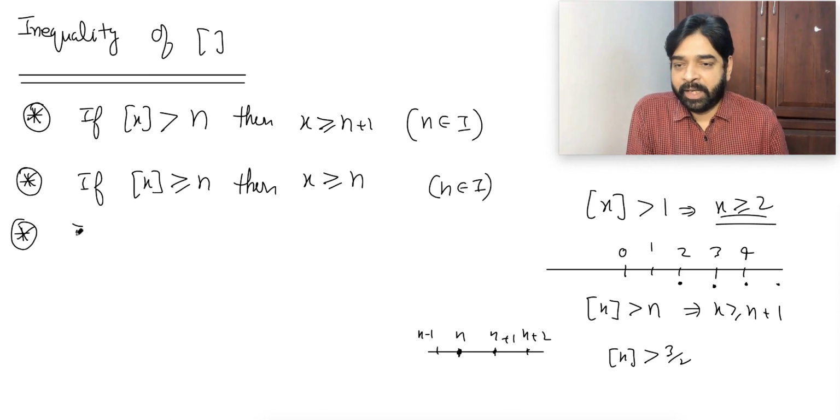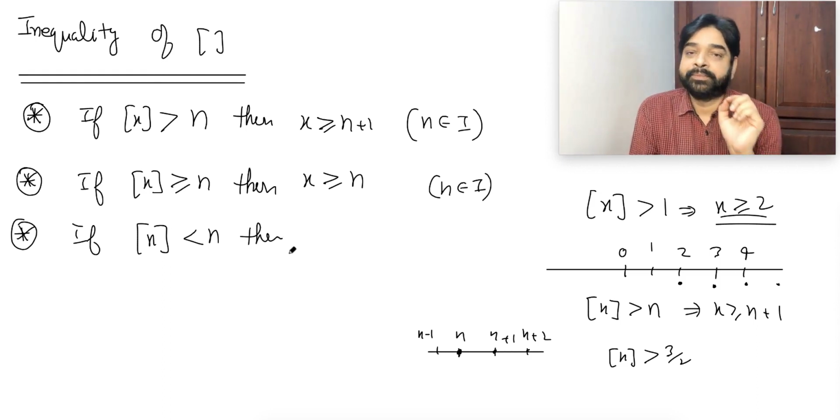Next, if I say greatest integer of x is less than n, then think what can happen.